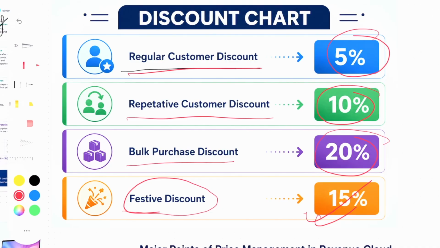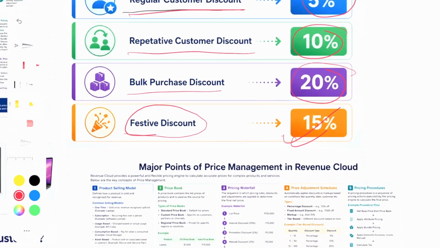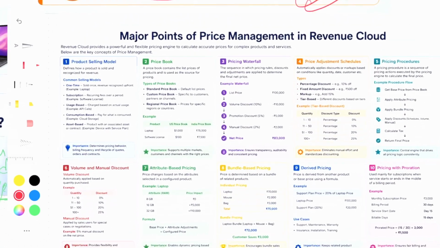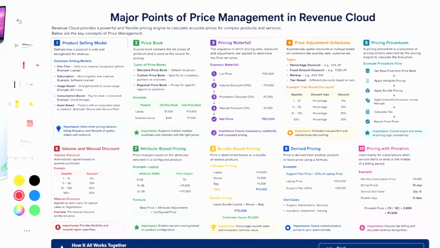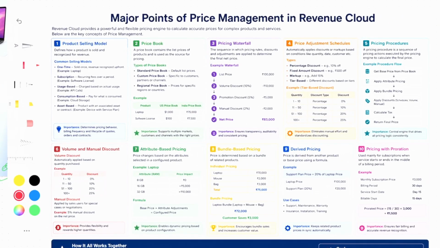Now let's discuss the major points of price management in Revenue Cloud. Let's see that in the next video. I'm pausing this one here, and in the next video let's discuss what the major points of price management in Revenue Cloud are.